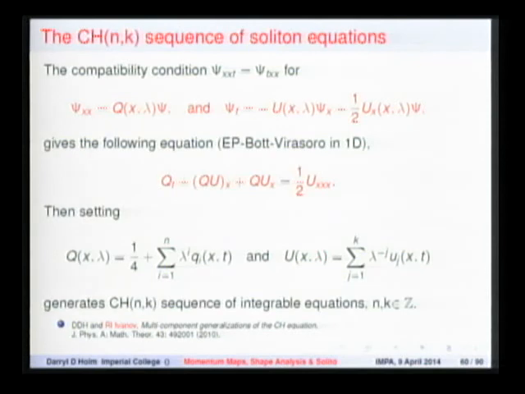And then if you set Q equal to this sum over Q's with powers of lambda, and U equal to sums over the U's with inverse powers of lambda, put that into this, then it generates the sequence for every choice of N and K of completely integrable equations.